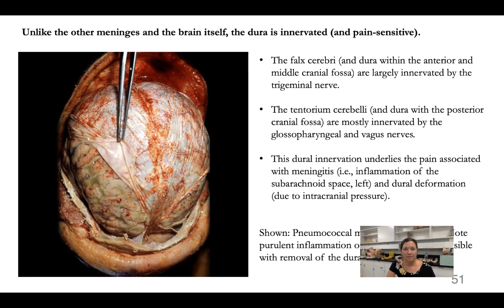Now, an important clinical consequence of the meningeal innervation pattern, I'll back up, I'm starting this slide badly. Unlike the other meninges, and unlike the cortex itself, the dura has sensory innervation. So the dura is pain sensitive.